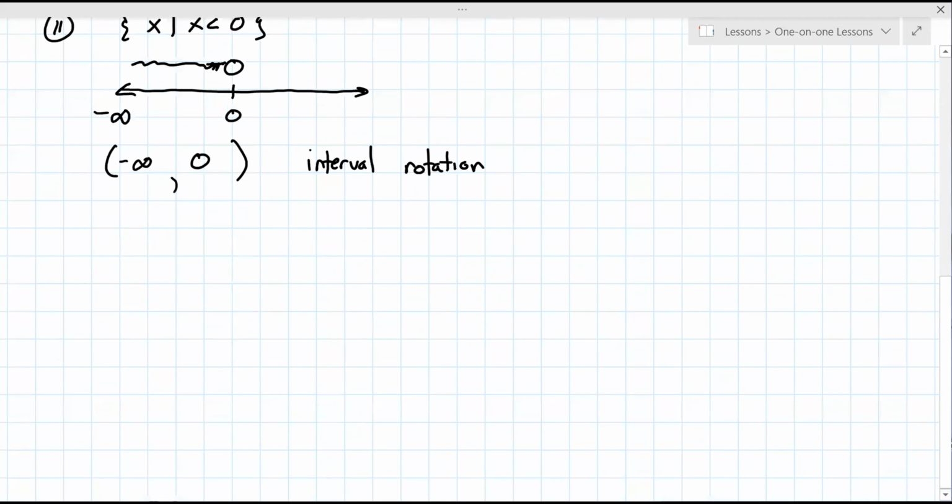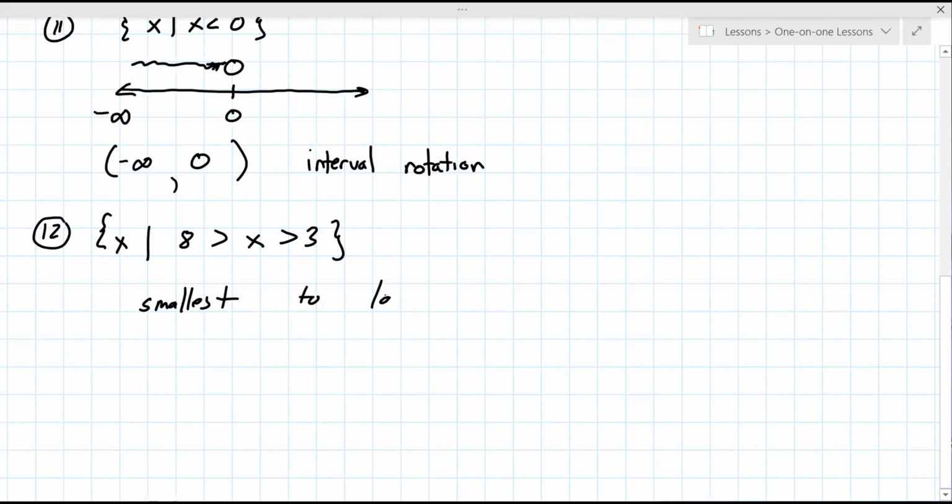All right. Go to number 12. This one is written incorrectly in your textbook. They're doing it to give it to you in an unusual way, but it's always smallest to largest. So here clearly 3 is less than 8, so you have to rewrite this, it should be x such that 3 less than x less than 8.